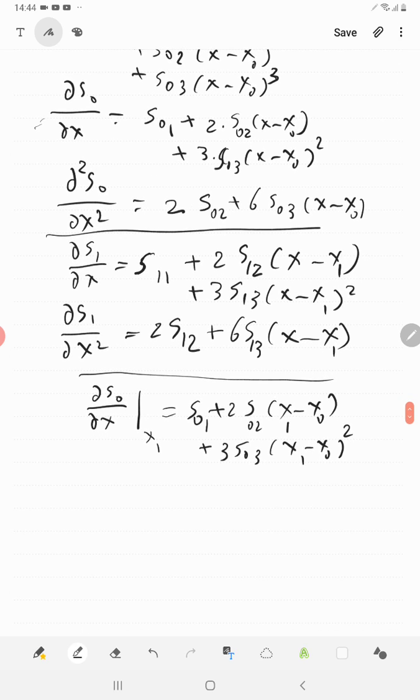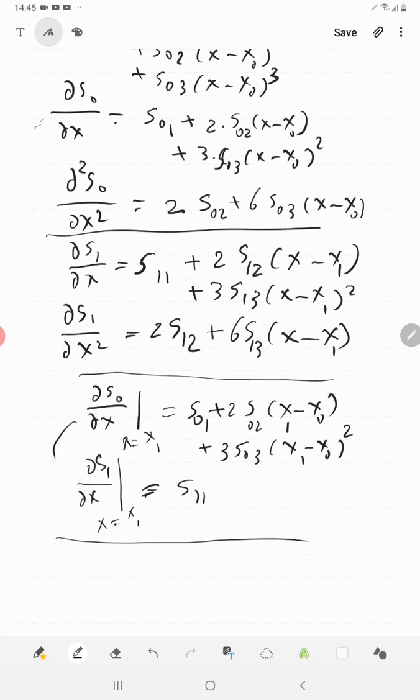And dS1/dx evaluated at x equal x1: all these terms will be zeros, so we'll get just S11.